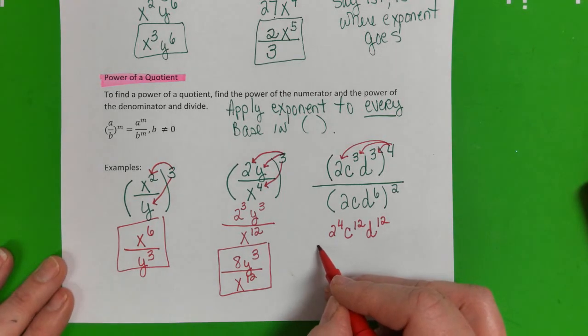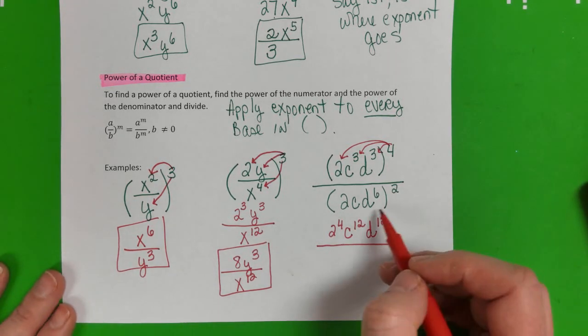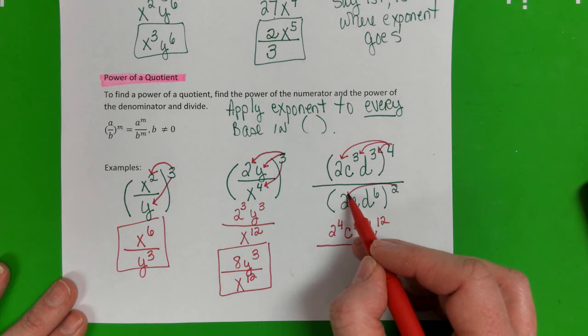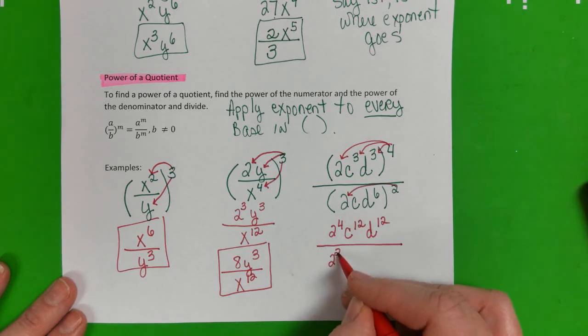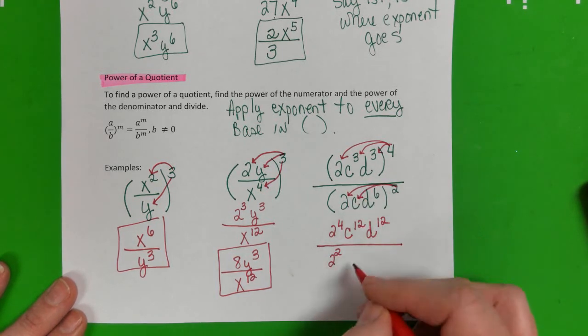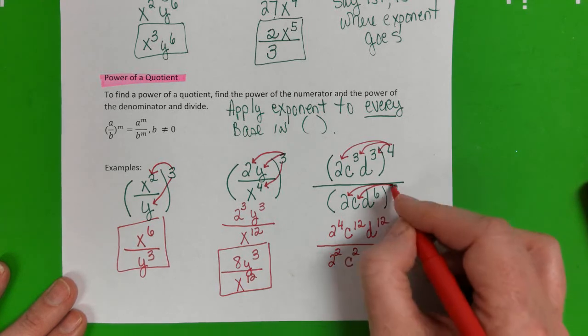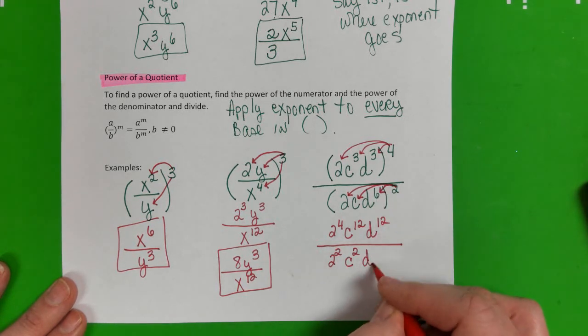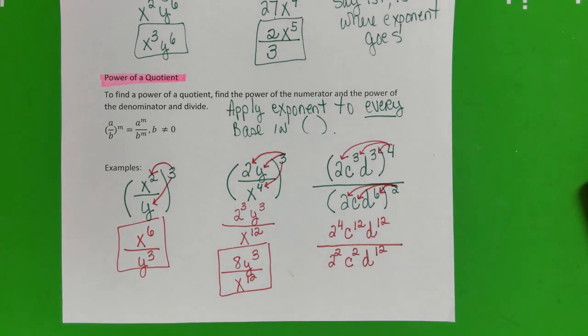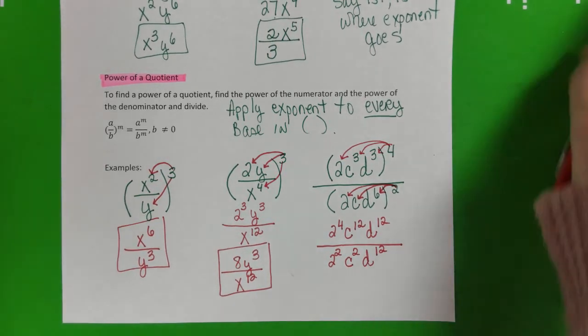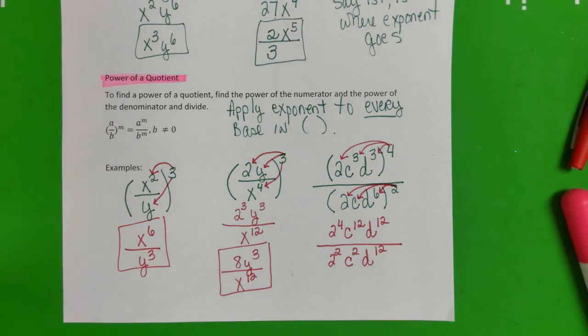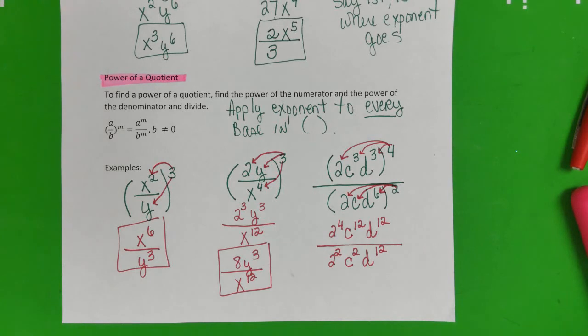And then we're going to put it over, so now in the denominator, we've got 2 squared, c squared, d to the 12th.